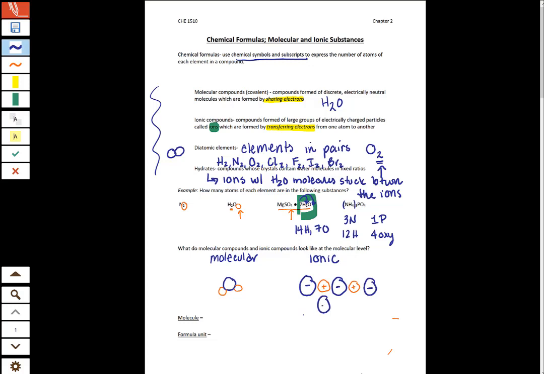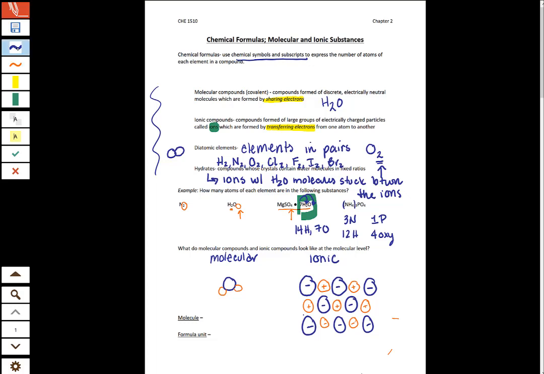And this pattern just continues to repeat over and over again until you create something called a crystal lattice. We'll worry about that terminology of crystal lattice later on. But for right now, we just want a pictorial version of what these things look like.